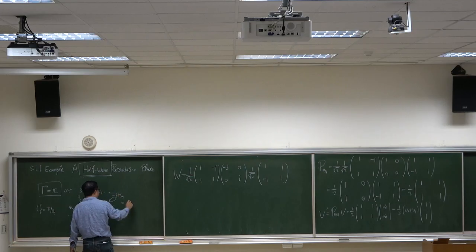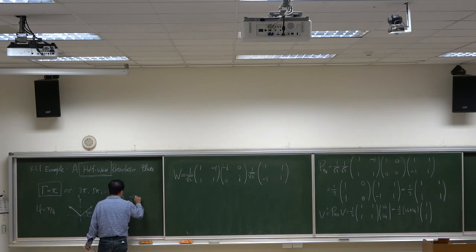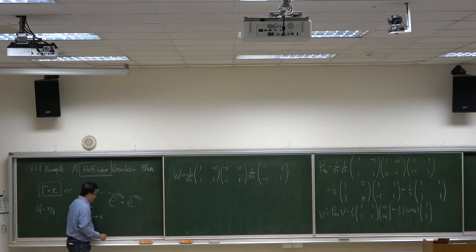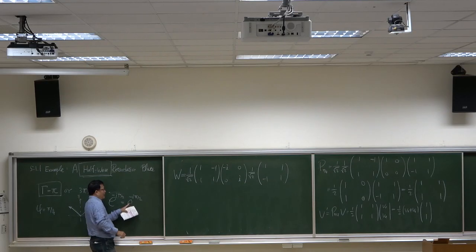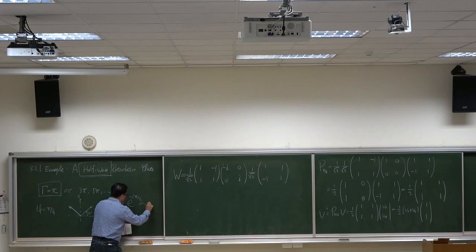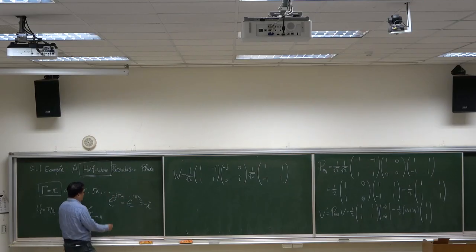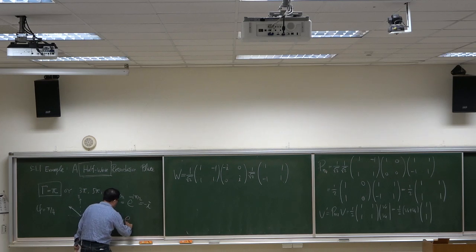Now, gamma is equal to pi, and exponential i half pi is equal to i, and exponential minus i half pi is equal to minus i.